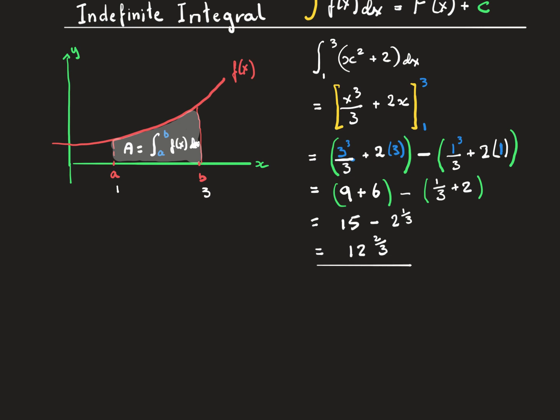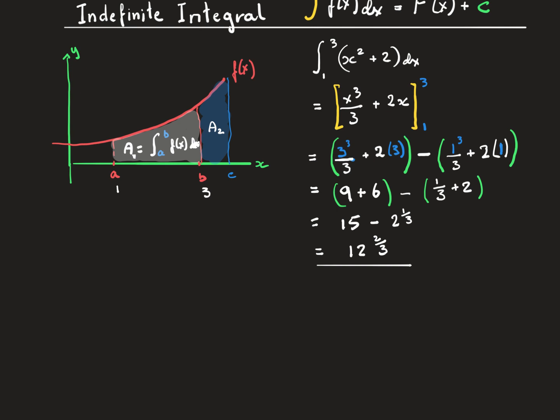Now there are some really obvious properties of this. For instance, if I added another interval here and I called it c, and I wanted to find the area of this particular interval here, which I'll make blue, I'll call this area A1, and I'll call this area A2.